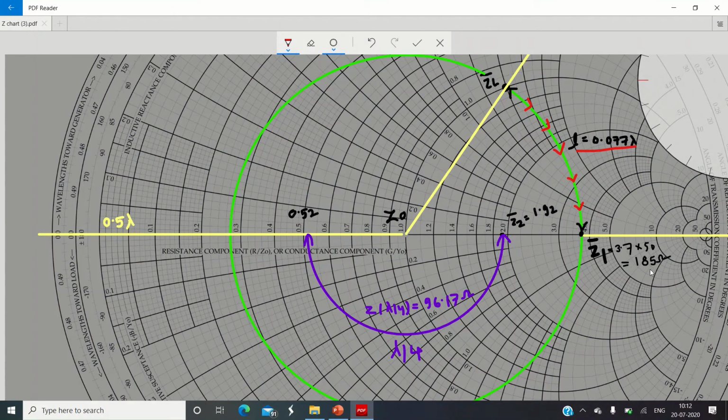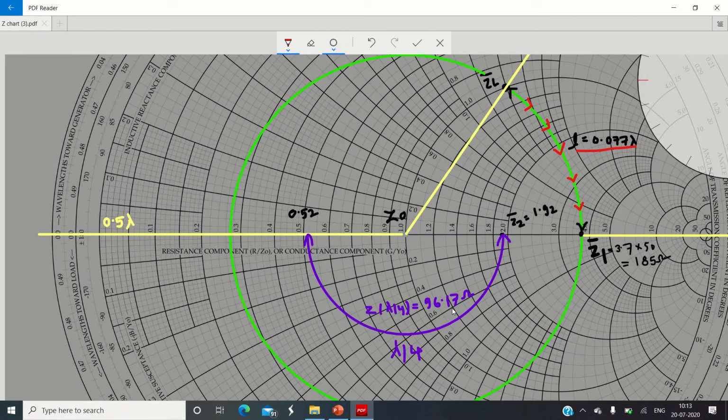We normalize that real value with the impedance of a quarter wave transformer. But before that, we should know the characteristic impedance of the quarter wave transformer. How to calculate that? 185 multiplied by 50, take the square root, and we get the characteristic impedance of the transformer, 96.17.